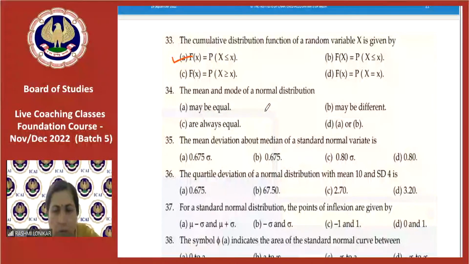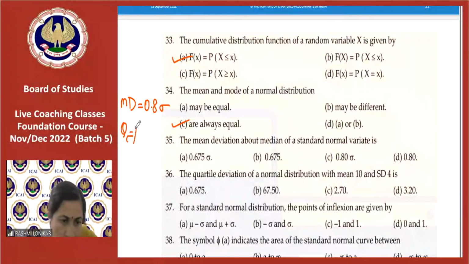34. The mean and mode of a normal distribution may be equal, are always equal, or may be different. So always equal. We know that mean is equal to mode is equal to median for a normal distribution. The mean deviation about median of a standard normal variate is... So you must remember, mean deviation is 0.8 times standard deviation.